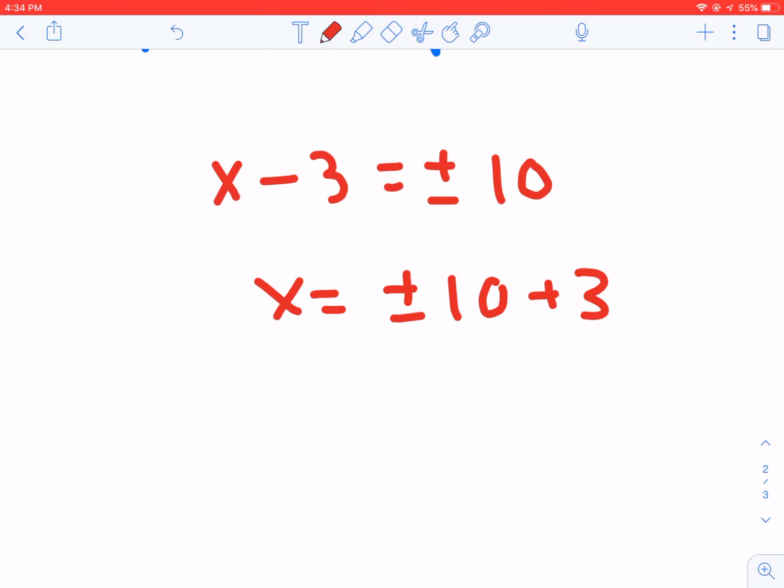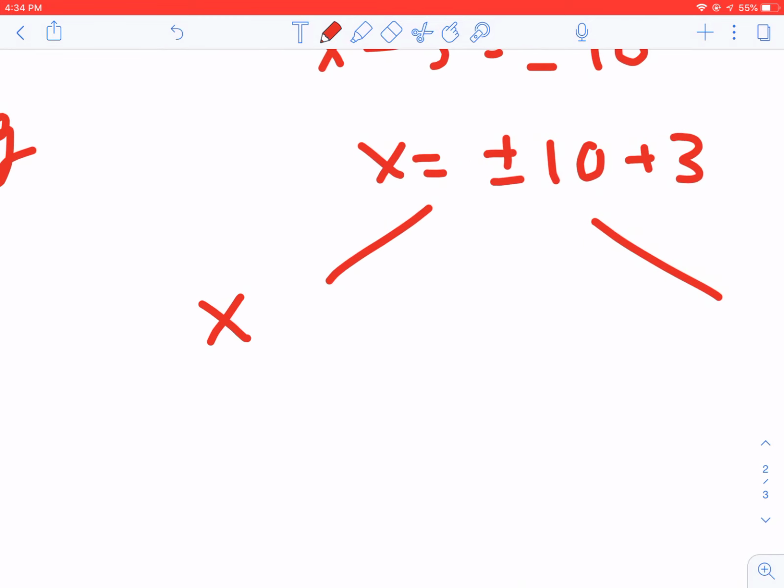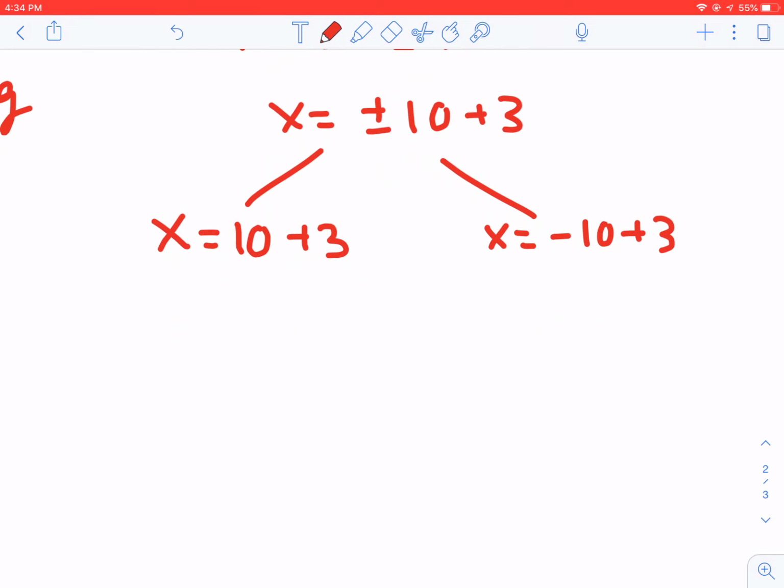It doesn't matter where you put the plus 3. So if you put it on the back, we get 2 solutions. We get x equals, that's a plus or minus 10, so it could be a positive 10 plus 3, or x could be a negative 10 plus 3. And solving both, we get x equals 13 and x equals negative 7.